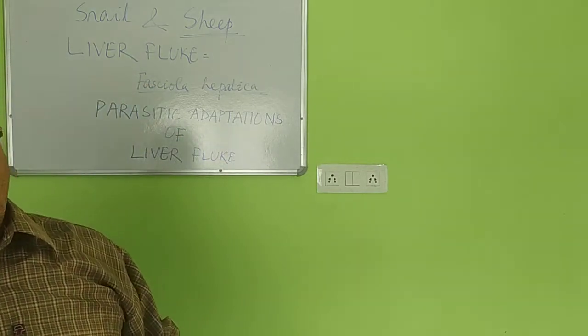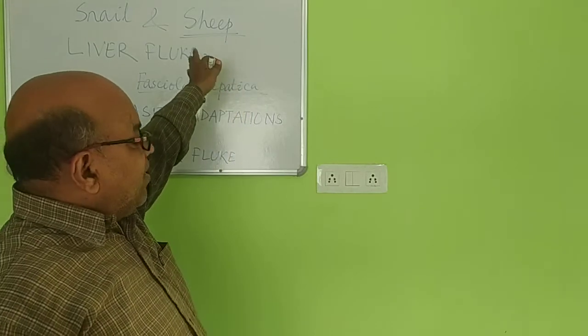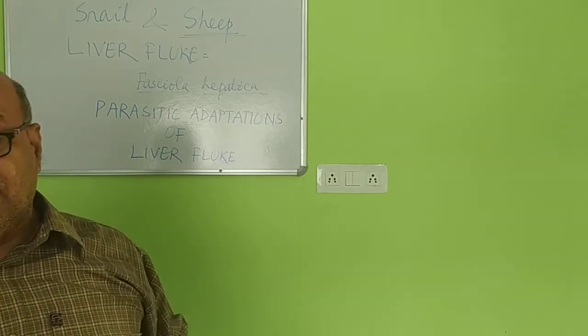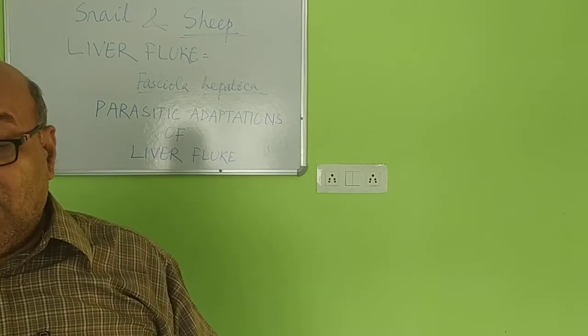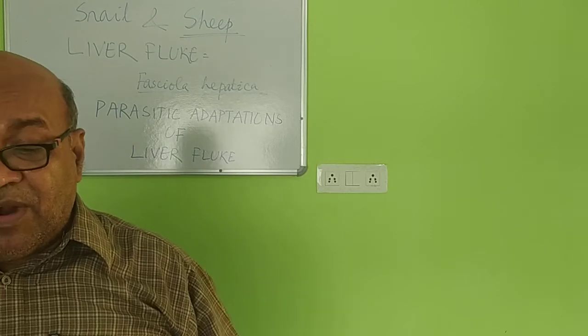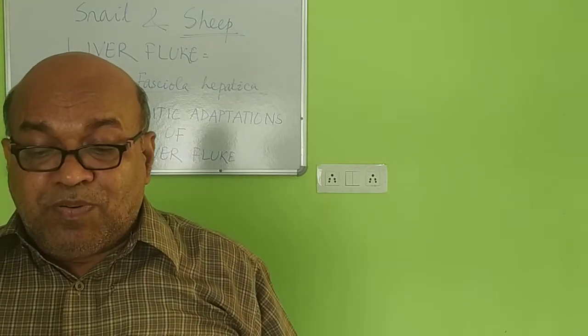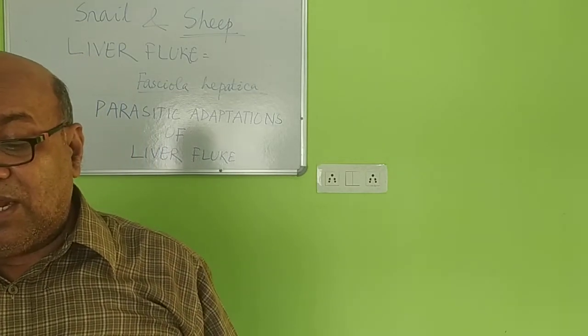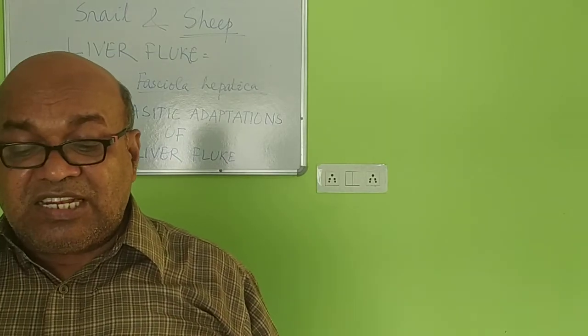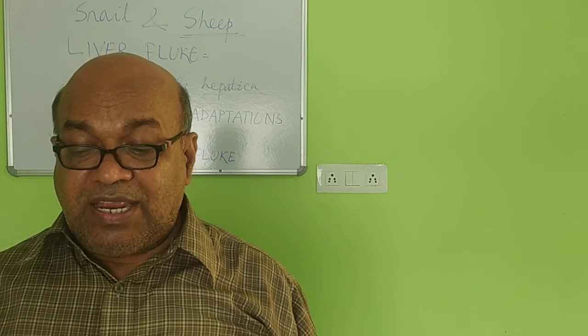Finally, they reach a grazing animal, especially the sheep, which is generally infected by them. The liver fluke has undergone great modifications, morphological as well as physiological, to suit its existence as an endoparasite in the bile duct of the sheep.